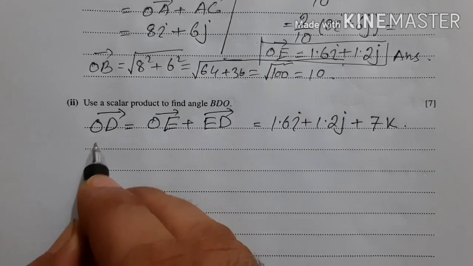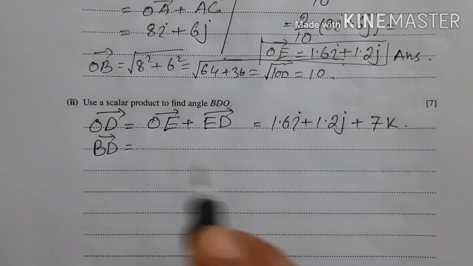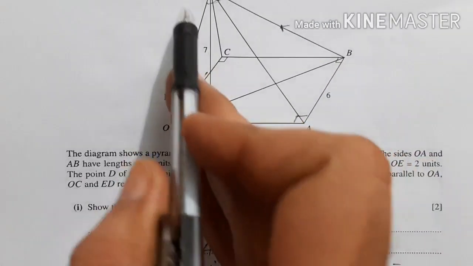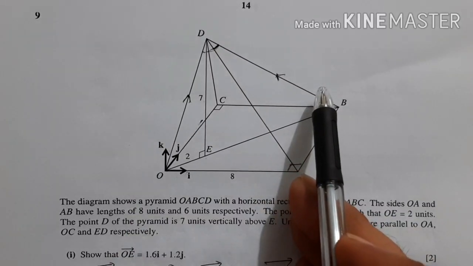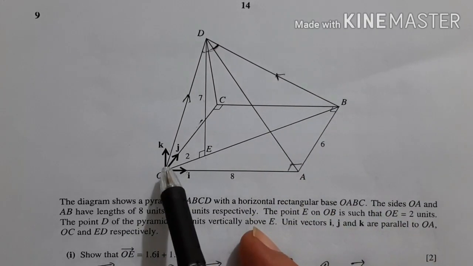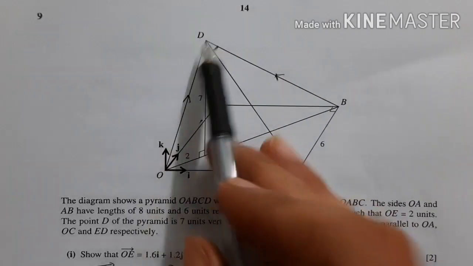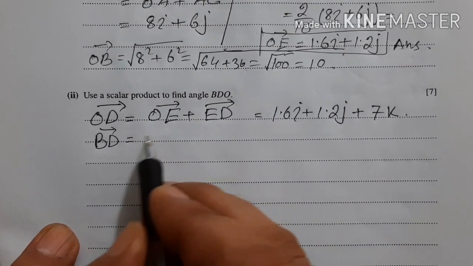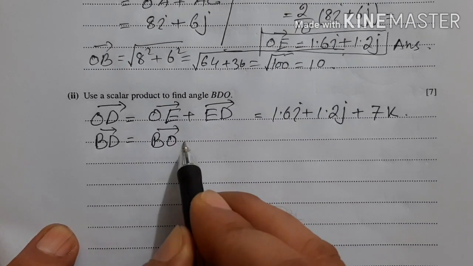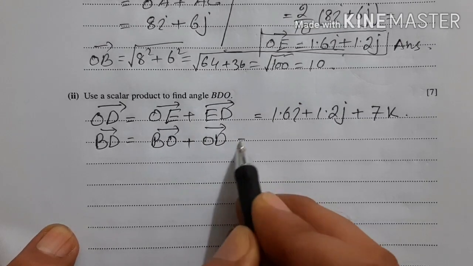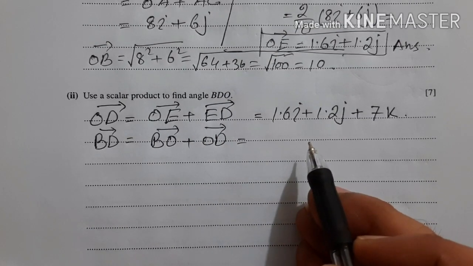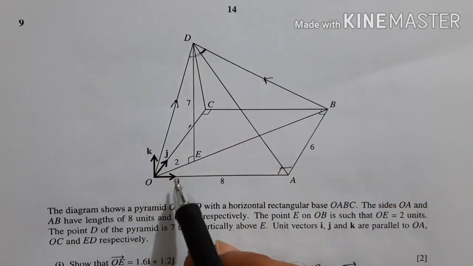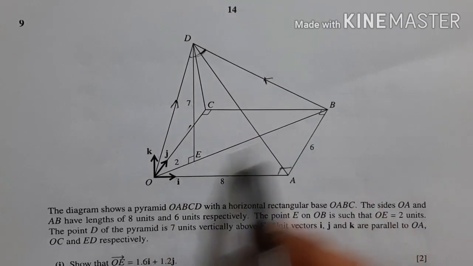This is our OD vector. The second vector which we need to find is BD. For BD we'll go BO plus OD. BO is the opposite of OB.